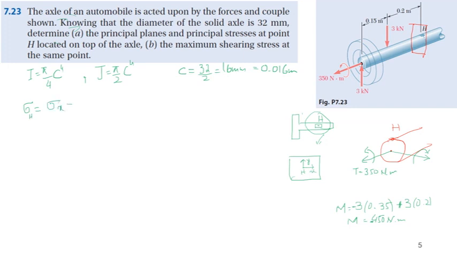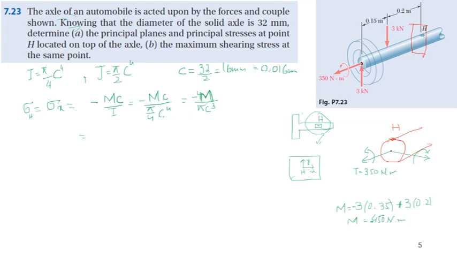Okay, now the stress due to bending moment, sigma m at H, that will be equal to sigma x, and that will be compressive, so that will be minus Mc by I, minus Mc divided by pi by 4 c to the fourth, and that will be equal to minus 4M divided by pi c cubed.